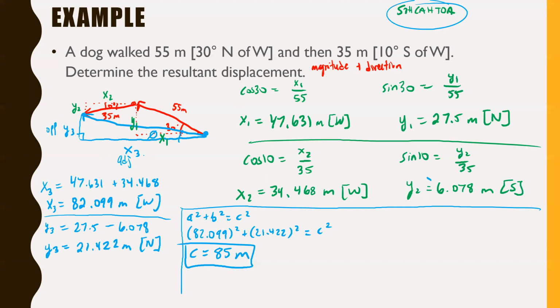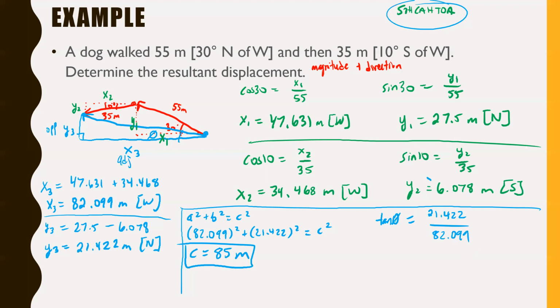Since we know our opposite and adjacent to a really good degree of accuracy, and opposite and adjacent are used for tan, I'm going to say tan theta equals opposite. That was Y3, which was 21.422. That's where it says over here, right? Over the adjacent side, which is X3, that was 82.099.